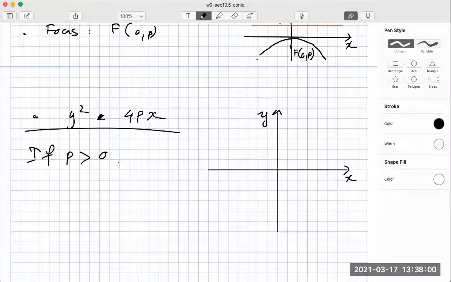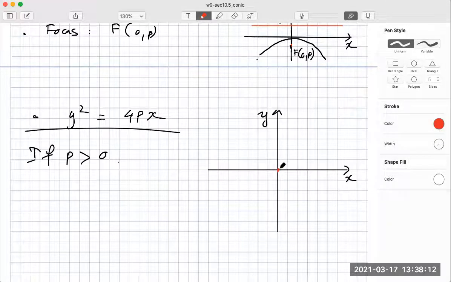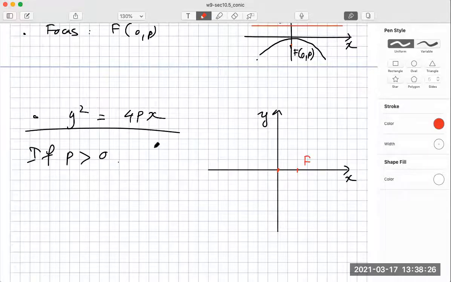And the same story, the vertex will be, if x is equal to 0, then y would be 0. It means that the graph will go through this point, the vertex here, right? And p here is a positive number, and the focus will be at (p, 0) here, do you agree? The focus, let us call it F. But now, p is positive, therefore it should be on the right side of the x-axis.